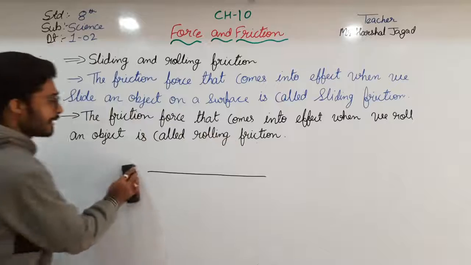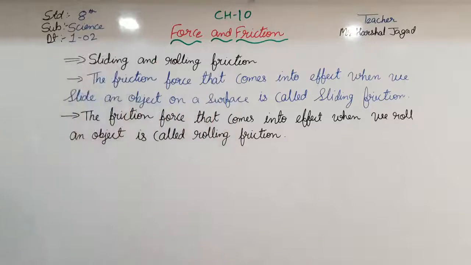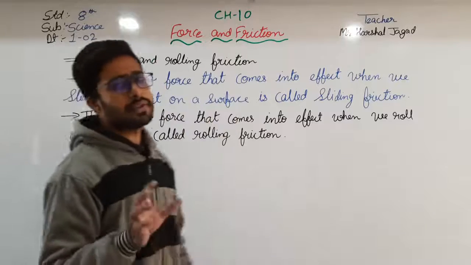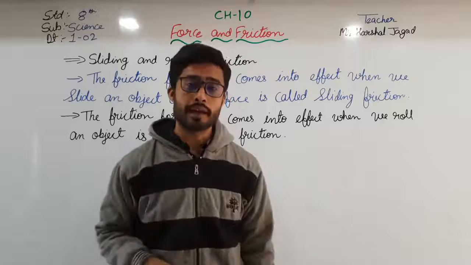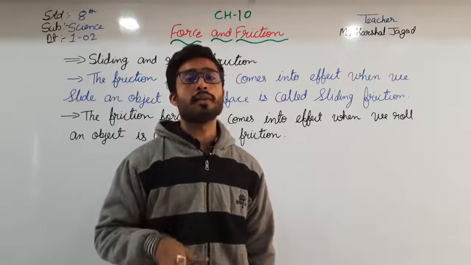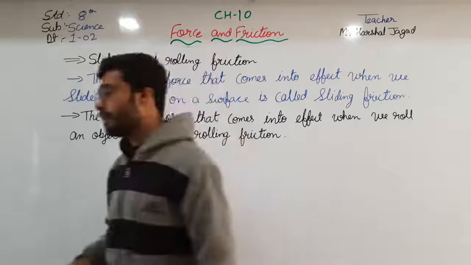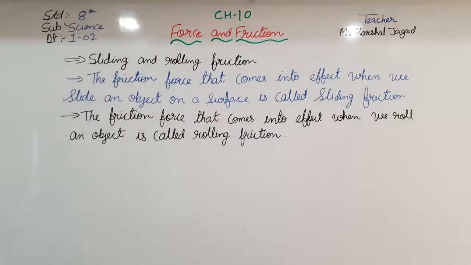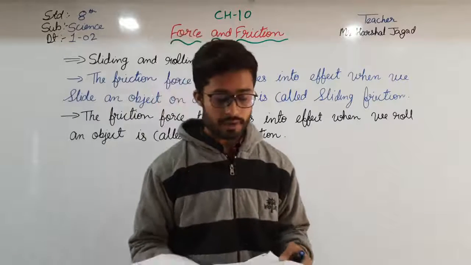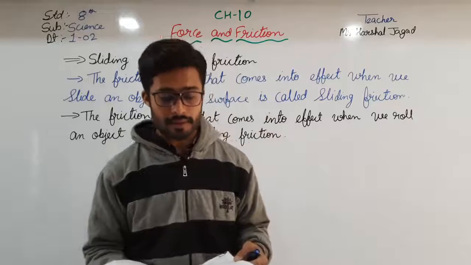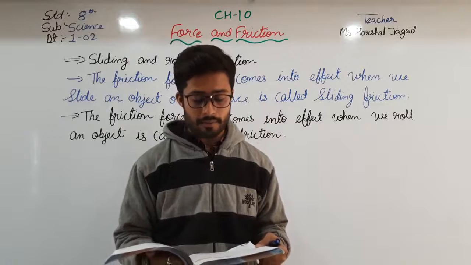Let us see one by one, and there is an activity also given. In the activity you can see two bottles, one horizontal and one vertical. One bottle is of rolling friction and the other is of sliding friction. To understand that sliding friction is greater than rolling friction, the materials needed are a smooth cylindrical water bottle filled with water, a pencil and a flat table top.